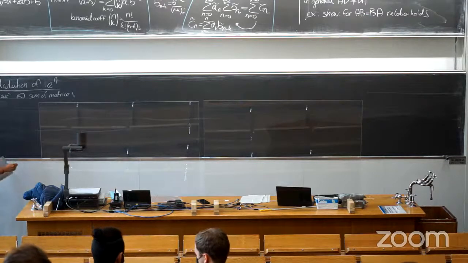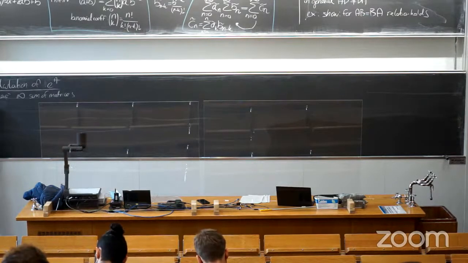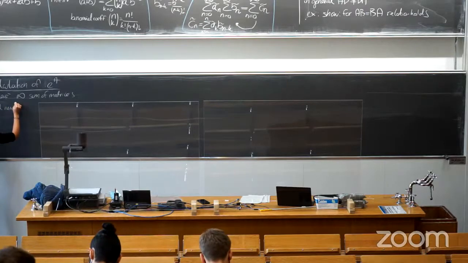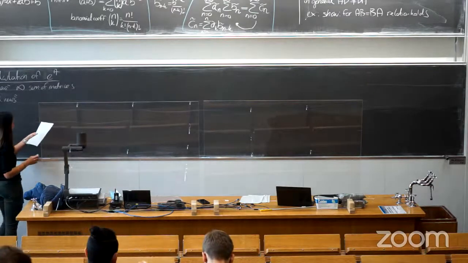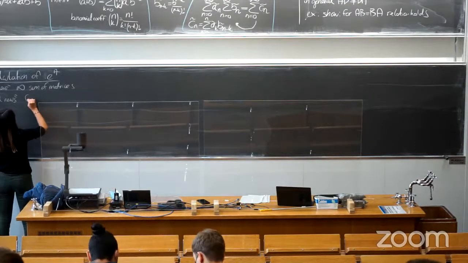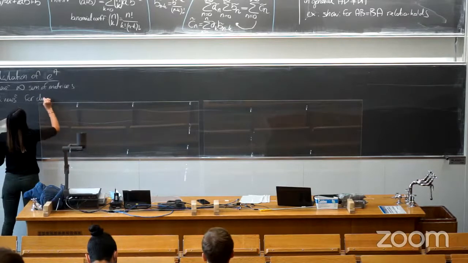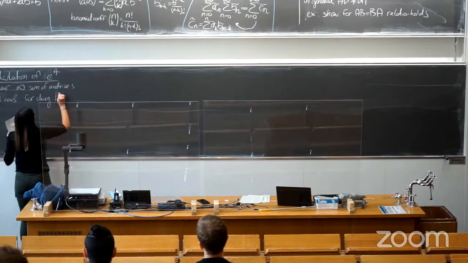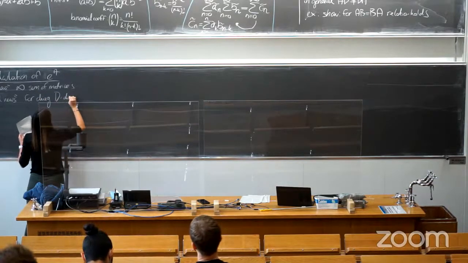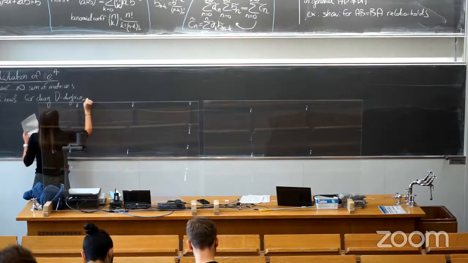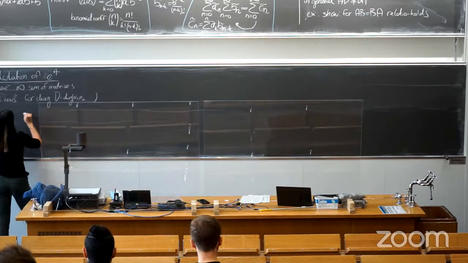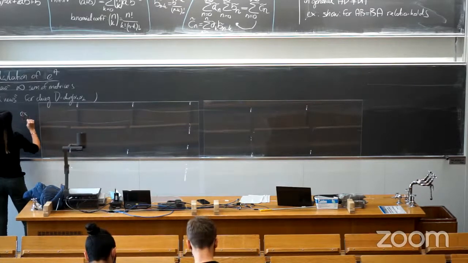And the good news, of course I always put it in because it's not exactly a problem, or it's half good news, is that for a diagonal matrix we know the exponential, or we can calculate it very easily.